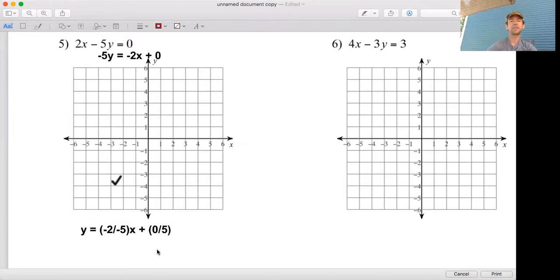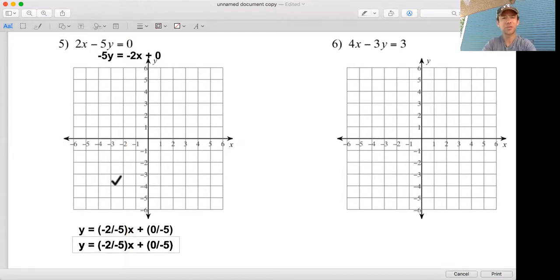In mathematics, we don't do a negative divided by a negative, because that's the same as a positive. So I'm going to make them both positive. And you actually don't have to show the 0.